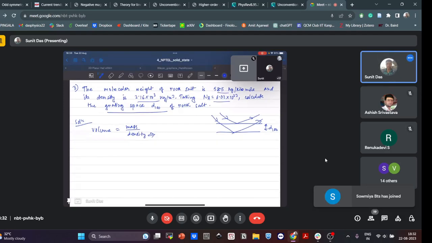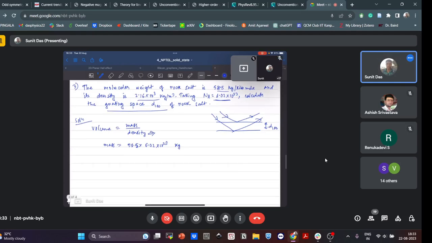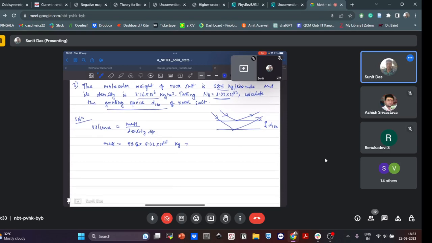So mass will be 58.5 divided by 6.02 into 10 to the power 23, in kg.